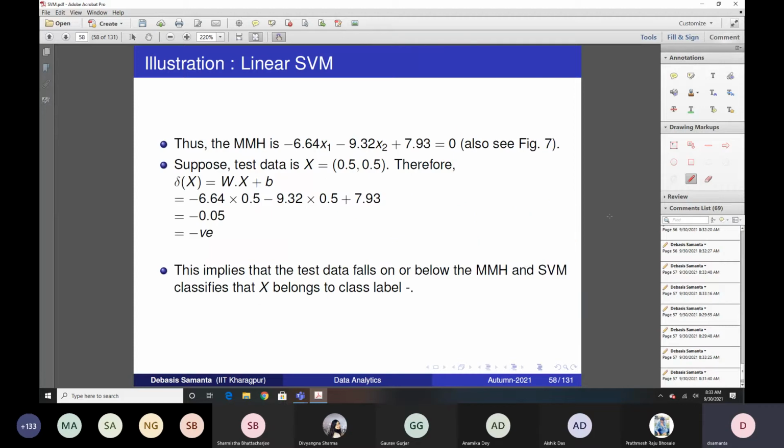For example, one unknown vector is given here, and we have to test which class it belongs to. So this is your support vector, and this is the decision equation, W dot x plus b, and as you see here in this case it is a negative value. So that means this vector lies on the negative side.